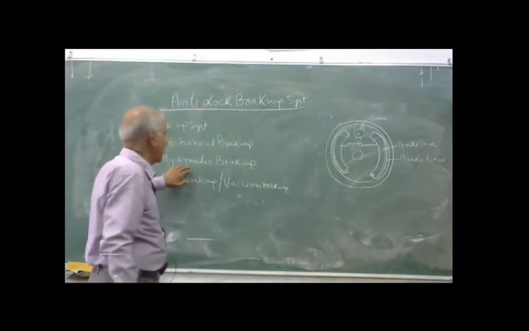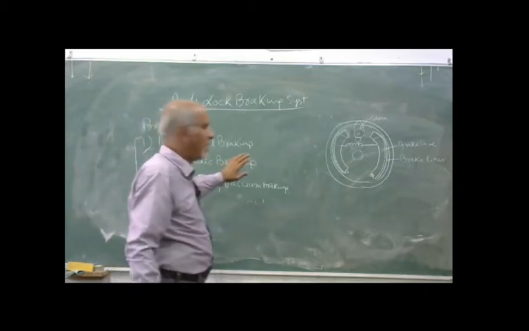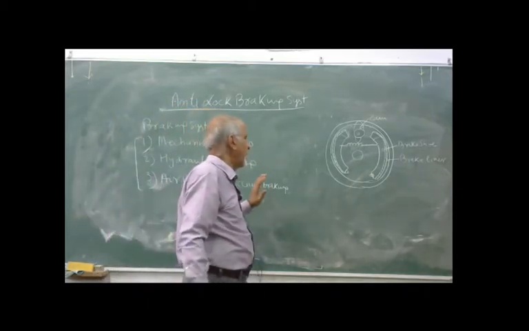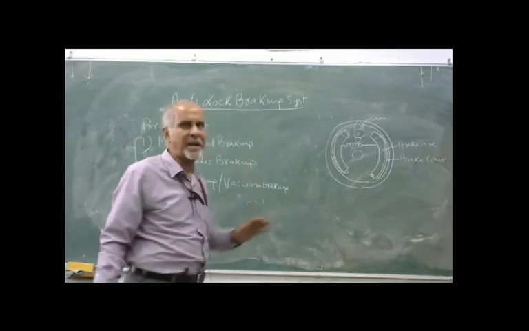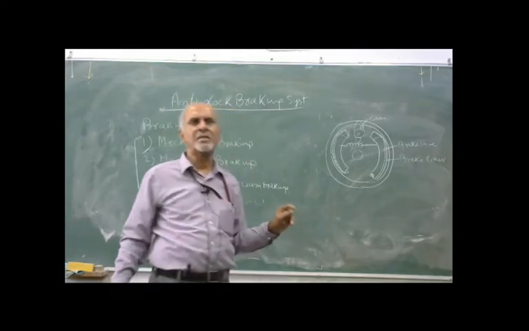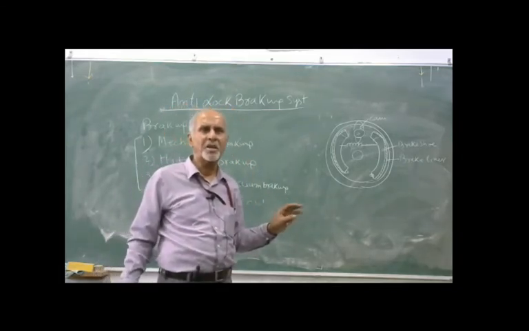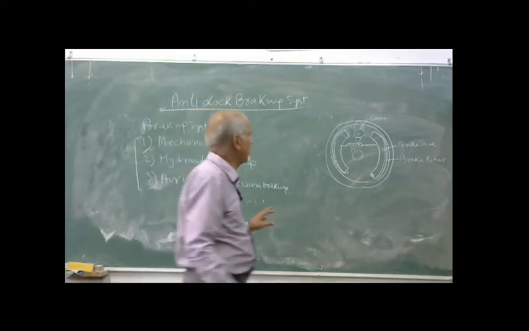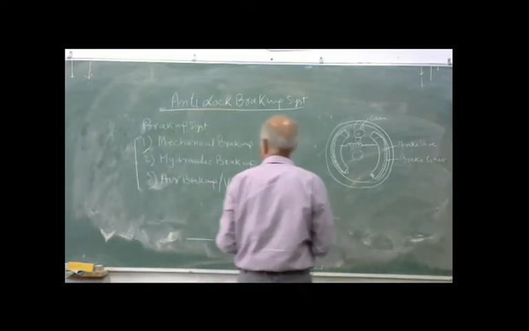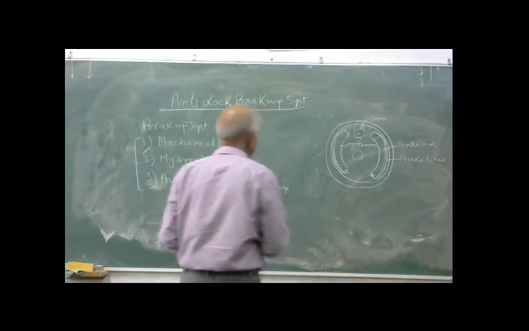Next comes hydraulic brake, which is nowadays used too much. Everywhere you will find hydraulic brake. All the automobiles, all the trucks, almost everywhere you will find this hydraulic brake system. So what happens in hydraulic brake system?